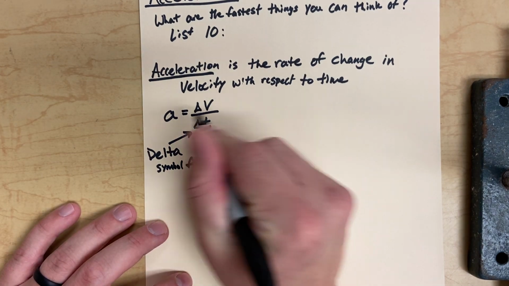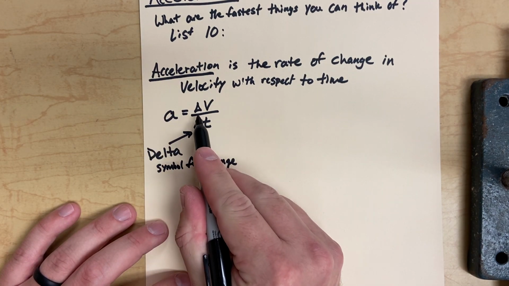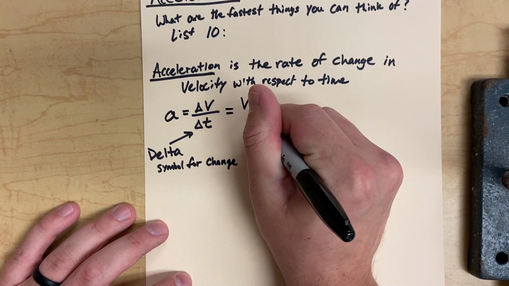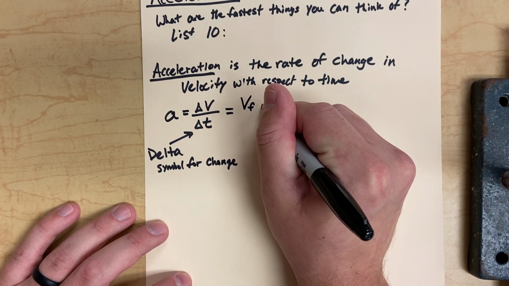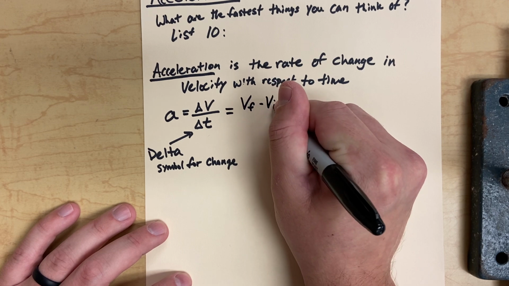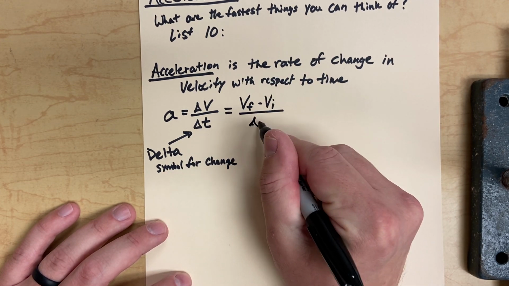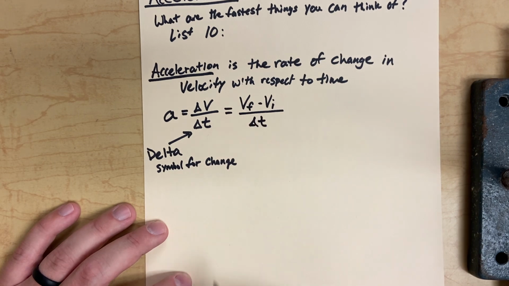So that means that if acceleration is equal to the change of velocity over the change of time, we can find the change in velocity by taking the final velocity and subtracting the initial velocity, and dividing by delta t. I'm just going to be lazy and write delta t on the bottom.